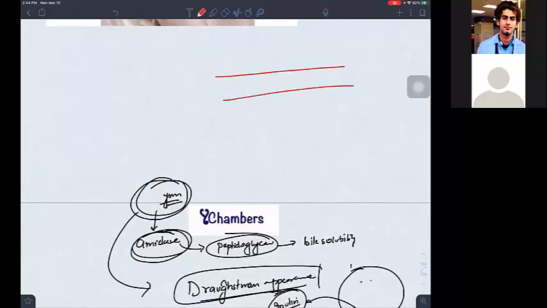What does the stratum corneum contain? It contains keratin fibers. Then is the stratum lucidum, in palms and soles. Then we have stratum granulosum.